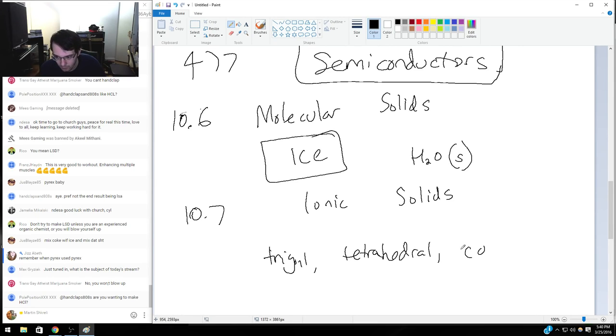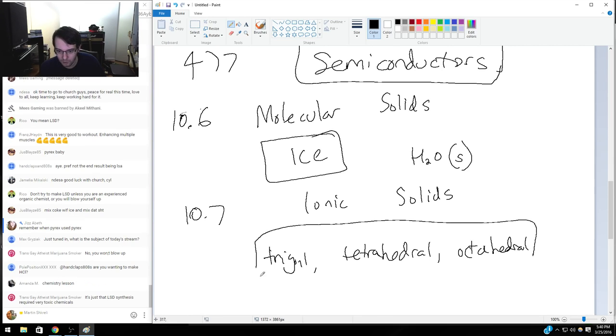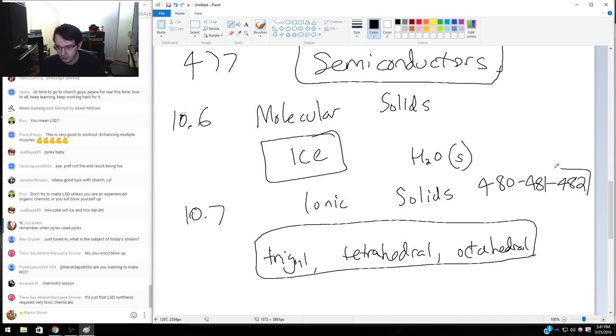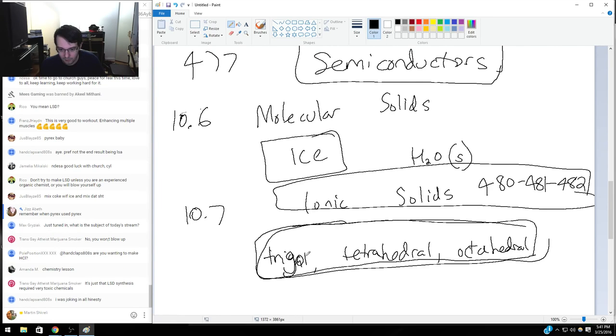I don't think that we're better off learning this. If you want to learn this, I think you would be wasting your time, but you can look at page 480 and 481. The book is addicted, and 482 for that matter. The book is kind of addicted to these morphologies and of these unit cells. I don't think that they're valuable to learn.